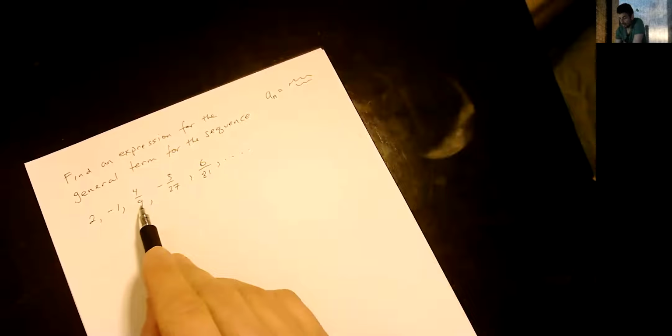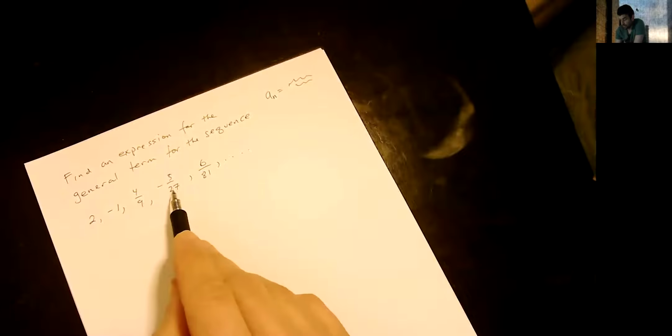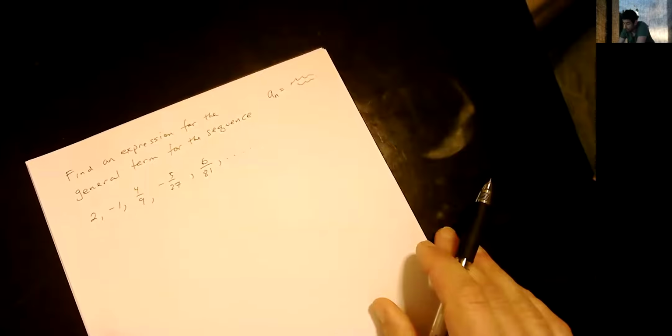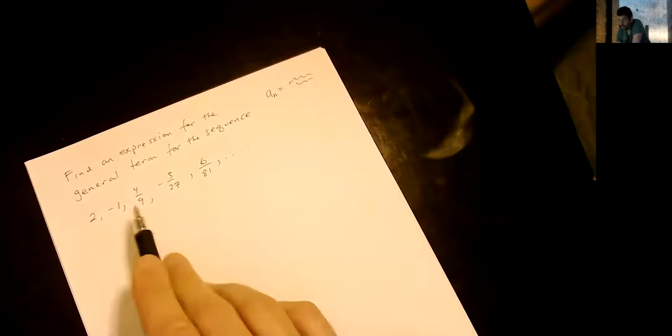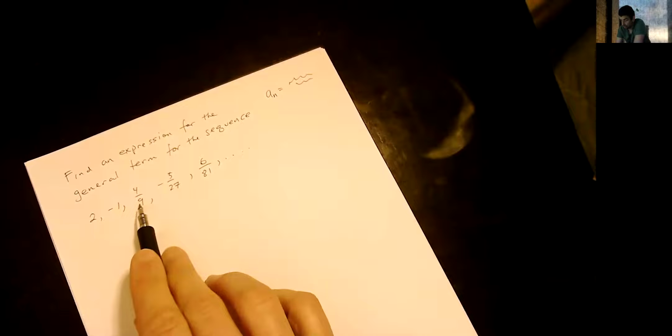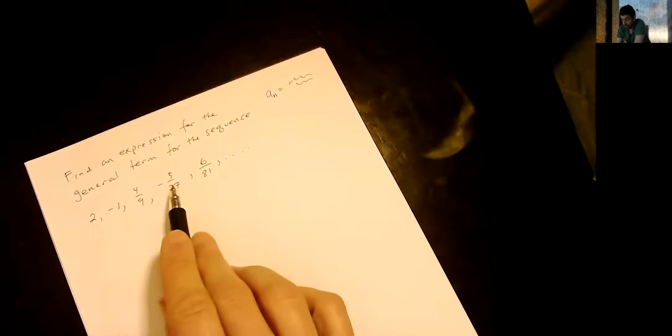And I see that the denominator is going from 9 to 27 to 81, which is a less obvious but maybe noticeable pattern. It certainly seems easily relatable to 3, right? And if we think a little harder, this is 3 squared, 3 cubed, 3 to the 4th. These two don't seem to fit into this pattern, except maybe we can rewrite them.